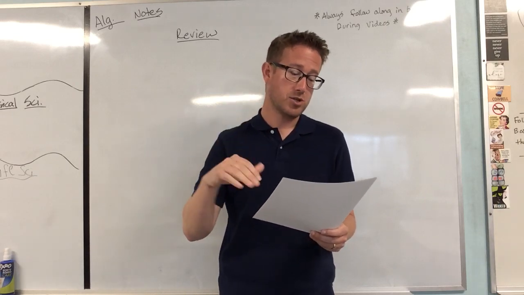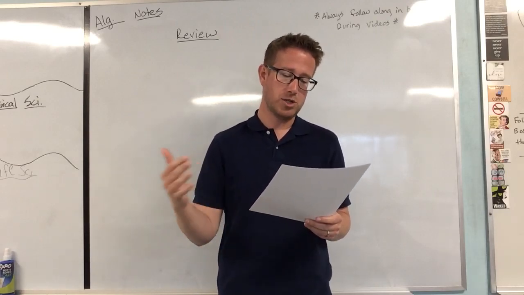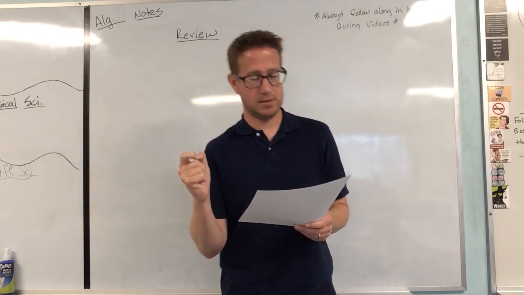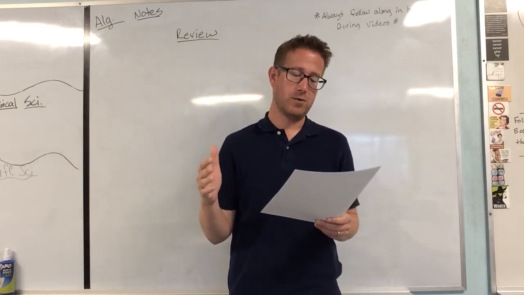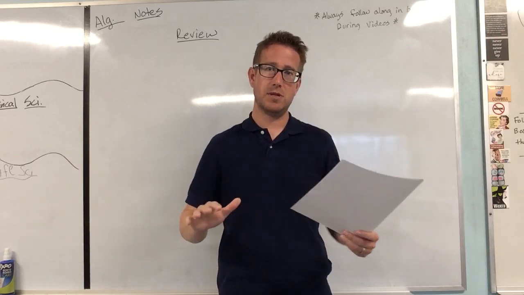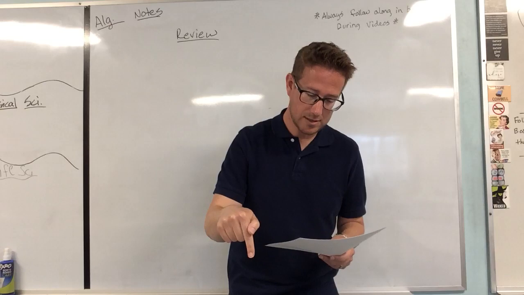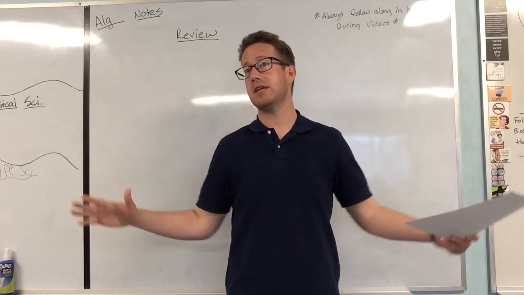Okay, pressure blank as the area over which a force is distributed increases. So in other words, what does pressure do as the area over which the force is distributed is increasing? Pressure decreases as the area over which the force is distributed increases.